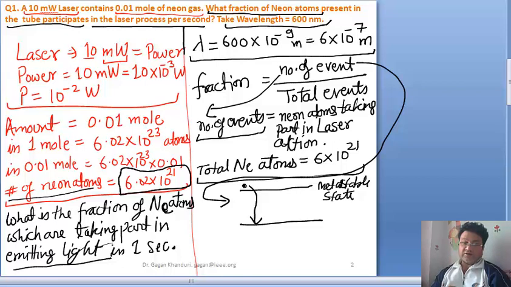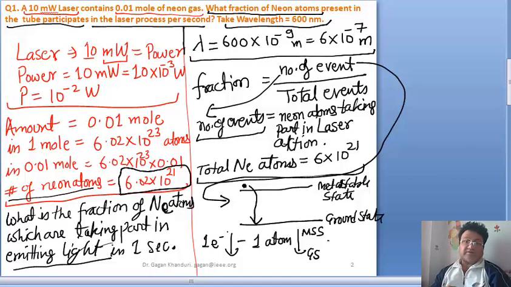If one electron comes down, it means one neon atom will come from metastable state to the ground state. This is the ground state. When one electron jumps, one atom comes from metastable state to ground state. It means at that time one photon will be emitted.